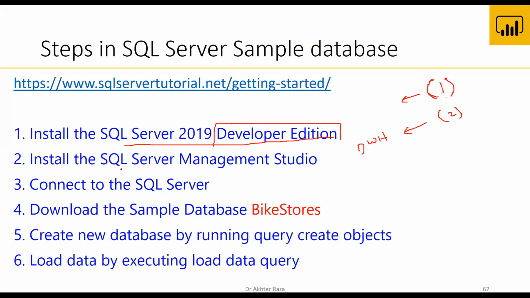The second phase of installation is the Microsoft Server Management Studio. These are two separate applications, and individually you have to install both of them. What the Management Studio does is give you an interface to create the database, to run the queries, to type the queries, to have the different tables, and to see how these tables join among themselves.